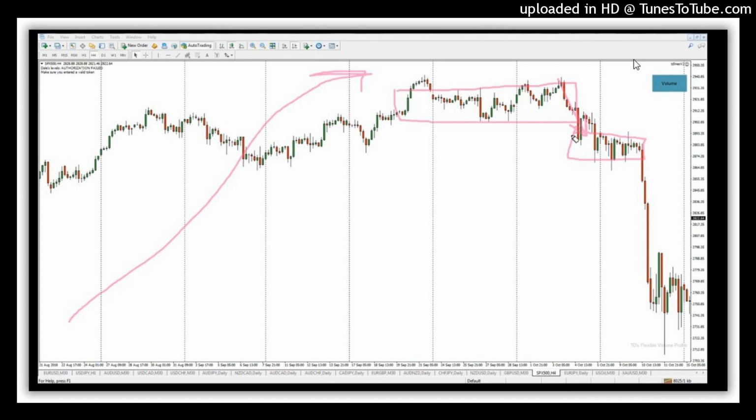Then what happened is that those aggressive buyers who rejected the lower prices in here started defending their buying positions and they pushed the price upwards. This is a reaction to this rejection, alright? To this aggressive rejection.